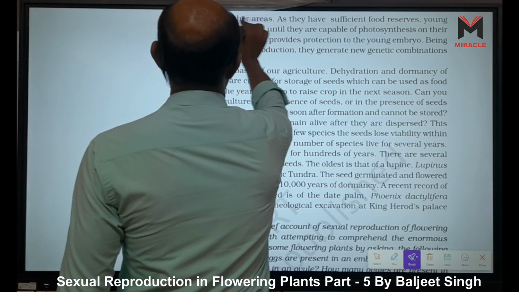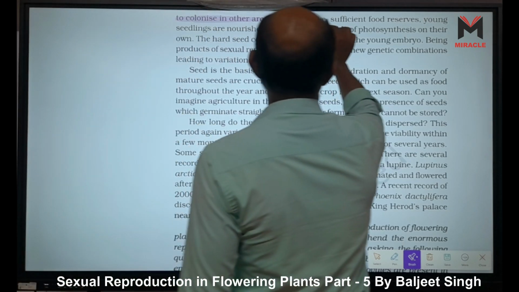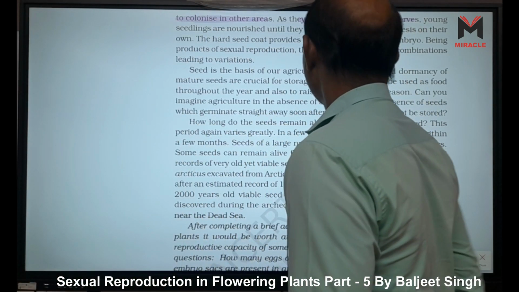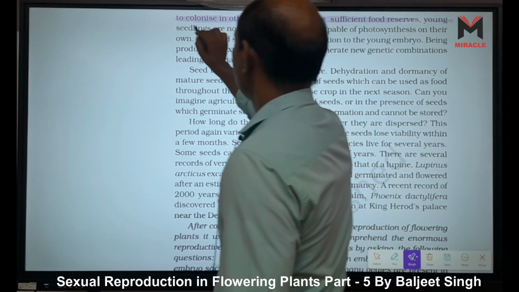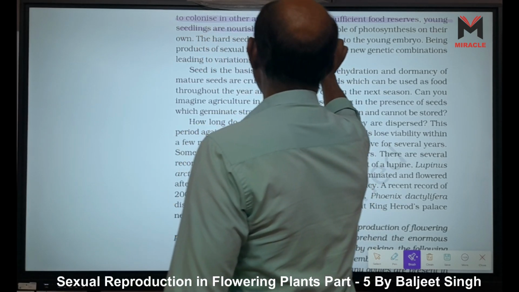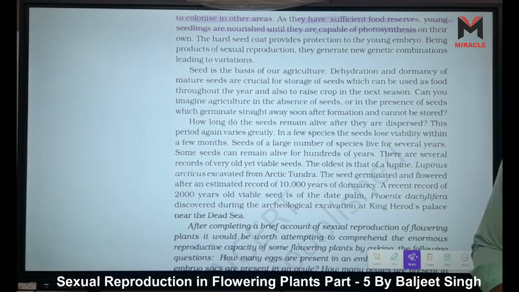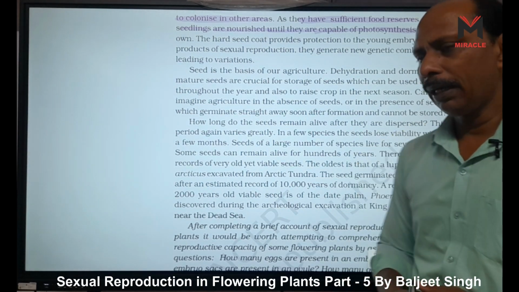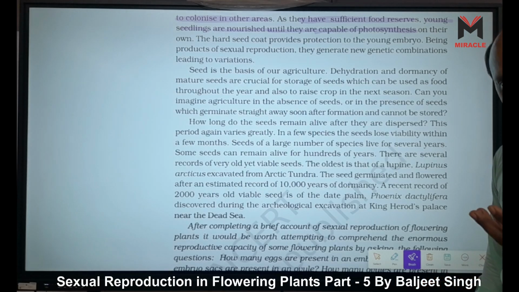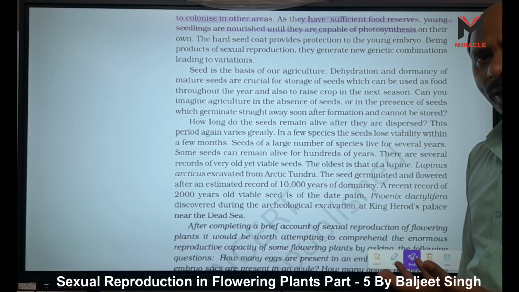Other areas also, as they have sufficient food reserves, right? Young seedlings are nourished until they are capable of photosynthesis. They have cotyledons, which store food, or they have remaining endosperm, which is the case in albuminous seeds, right?